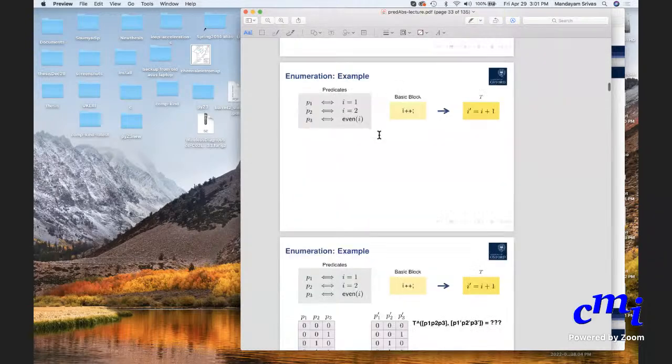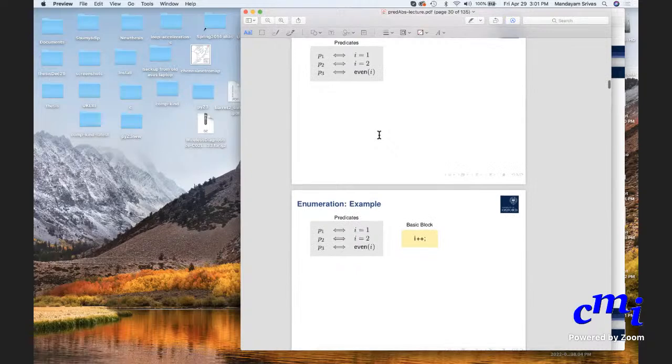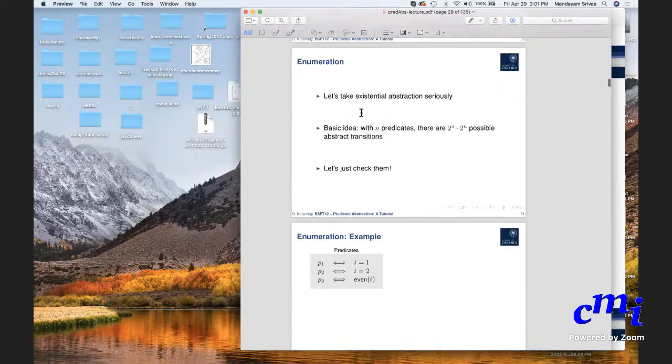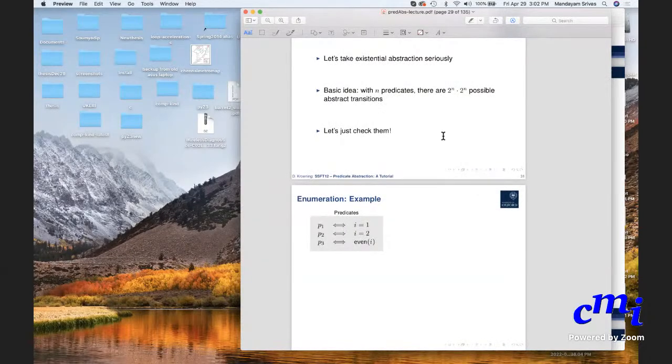Okay, is there a slide that I'm missing? Okay, this is a slide that was missing. The basic idea here is, since we have a finite number of predicates, if there are n predicates, then there are 2 to the n times 2 to the n possible abstract transitions. Because there are 2 to the n possible valuations for the n predicates, like an n-bit vector, and then there are transitions to 2 to the n possible valuations of the post state.